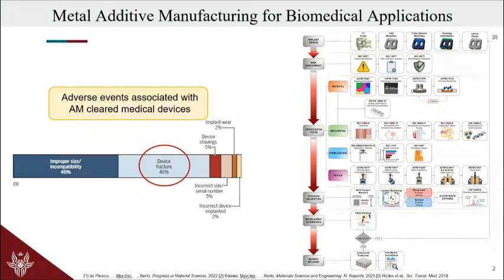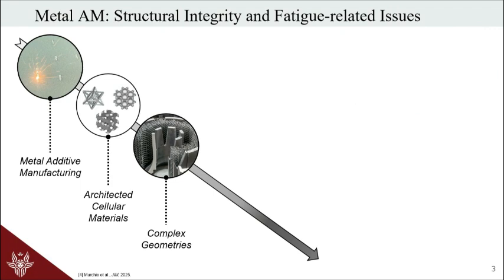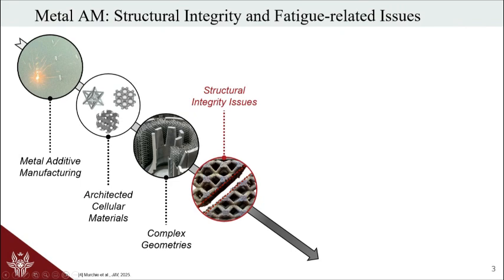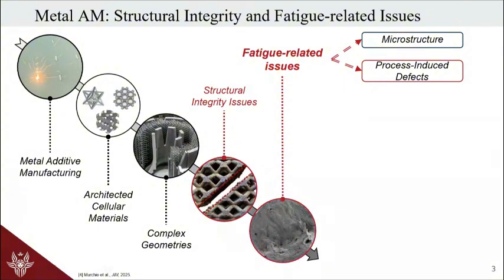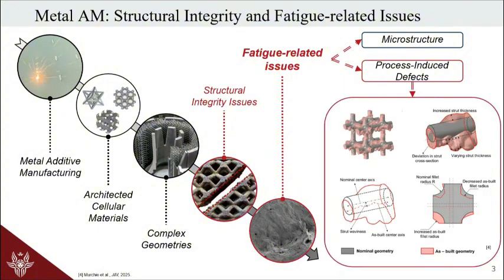And this is mainly the major concern that industries have in employing this kind of metamaterials, in particular structural integrity issues, but specifically also fatigue-related issues, which for AM materials are mainly associated with process-induced defects. So the enhanced surface roughness, stair-stepping effects, and so on and so forth.